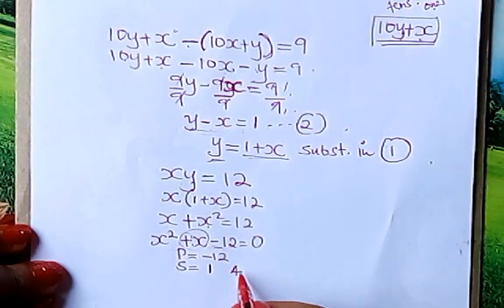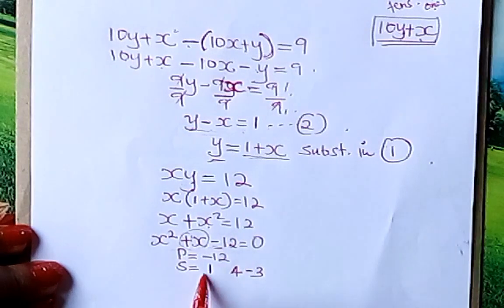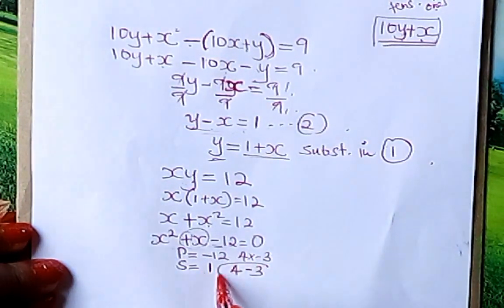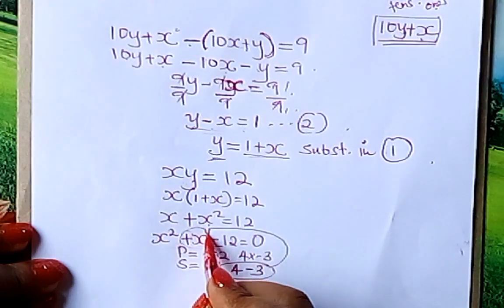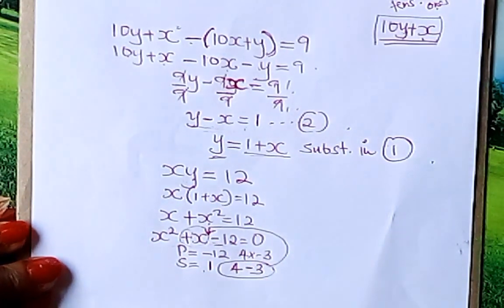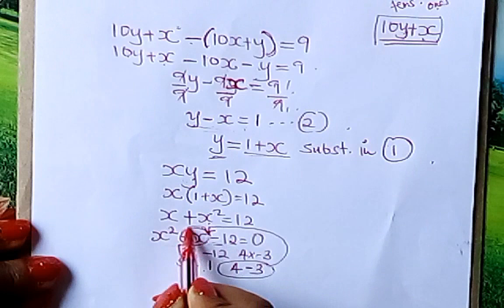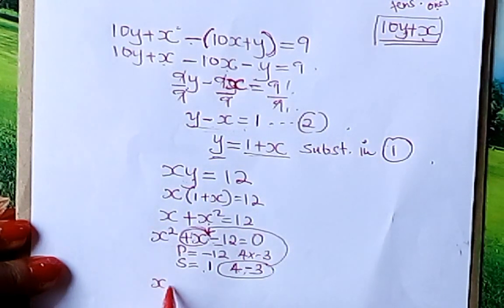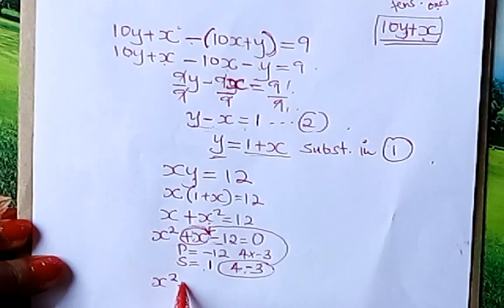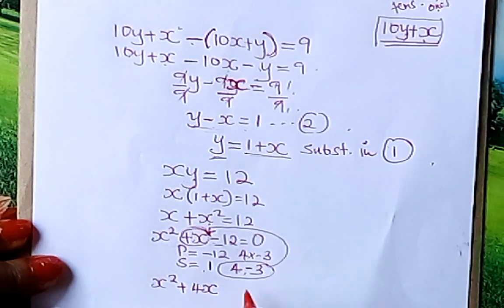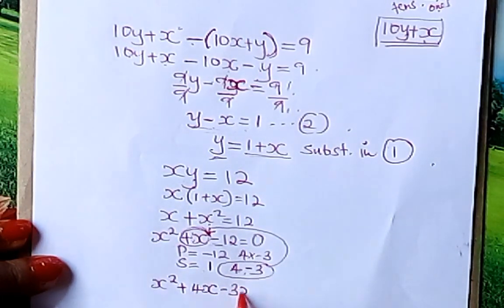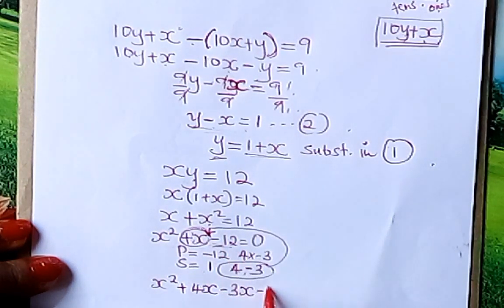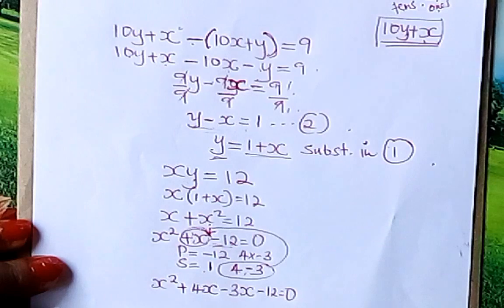So the numbers that you add to get this, and if you multiply the same numbers you get this, we know how to factorize. You substitute here: x squared plus 4x minus 3x, then minus 12 is equal to 0.